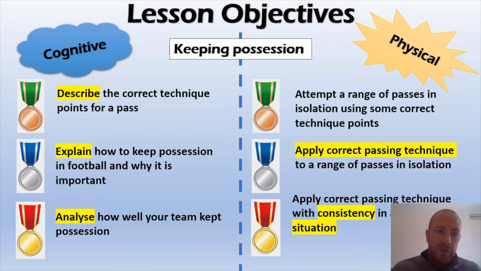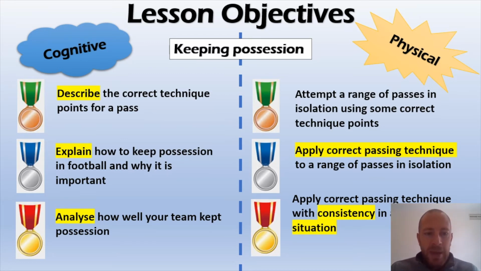If we look at cognitive objectives first, I should mention that I'm using bronze, silver and gold as a way to differentiate these objectives. That's just a very generic way to do it, and it's easily adaptable for your school depending on what the curriculum is you're following, what the levelling system is you're following. With these objectives, using Bloom's taxonomy, they get more difficult.